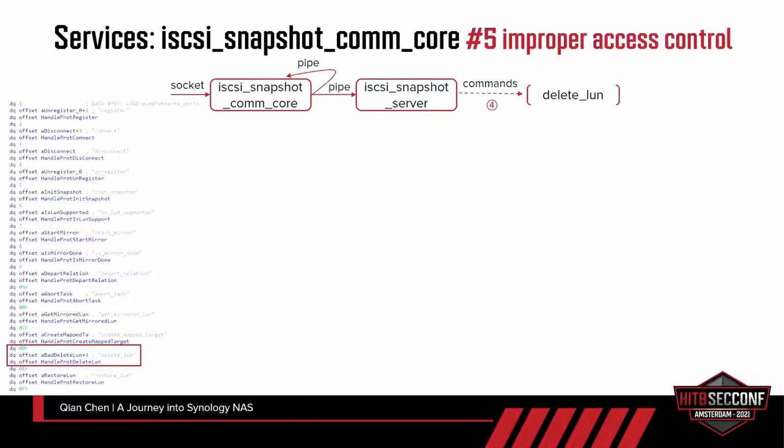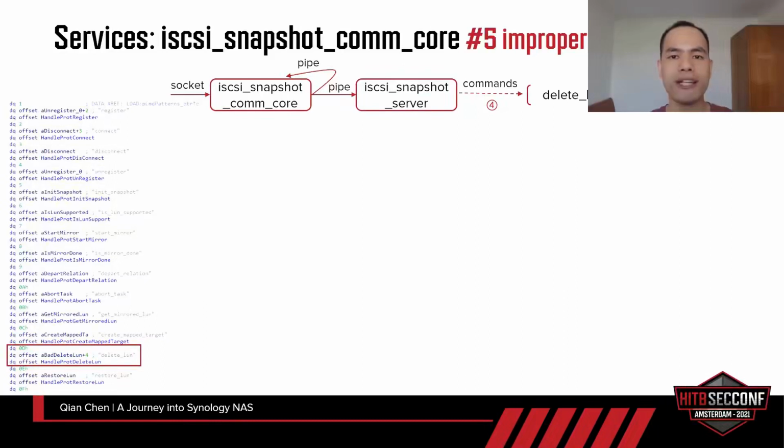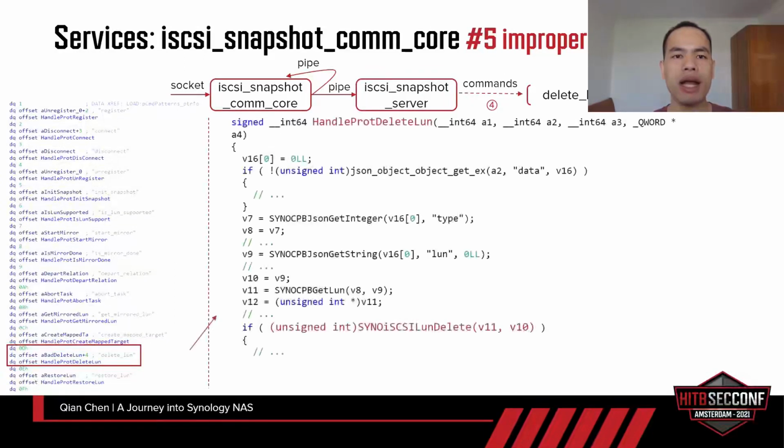As we can see, there are many supported commands, like register, connect, start mirror, delete LUN, and so on. Take the delete LUN command as an example. The corresponding handle function is handle plot delete LUN. In this function, it will simply get the required parameters, then call the Silo iSCSI LUN delete function to delete the LUN.